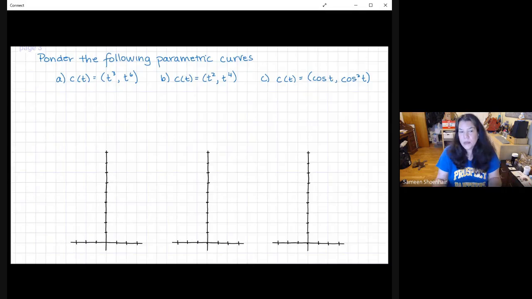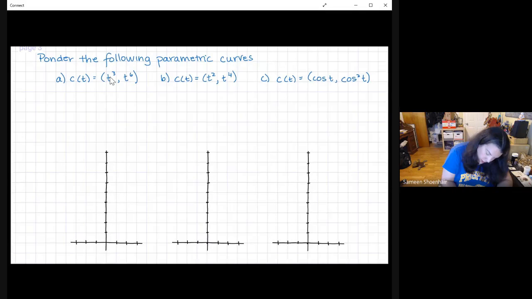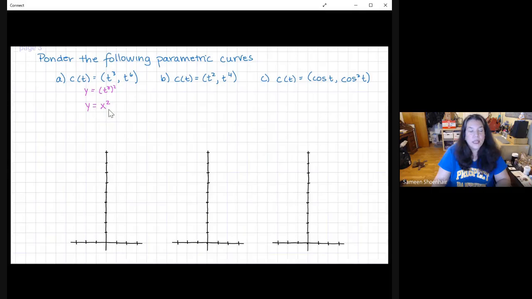But another way is to eliminate the parameter. If x is equal to t cubed, we can see that y, which is t to the 6th power, is the same as t cubed squared, so y equals x squared describes this.